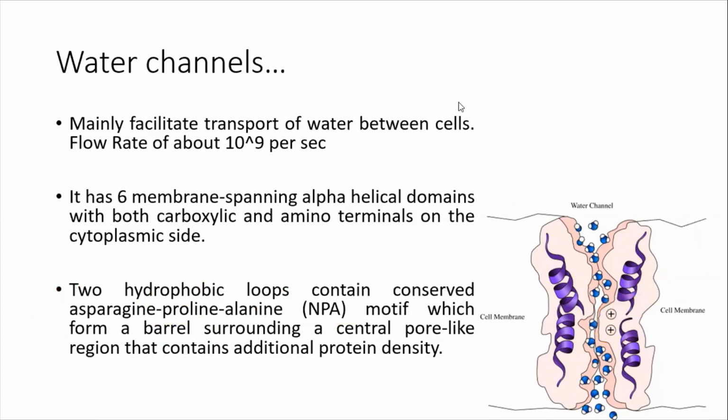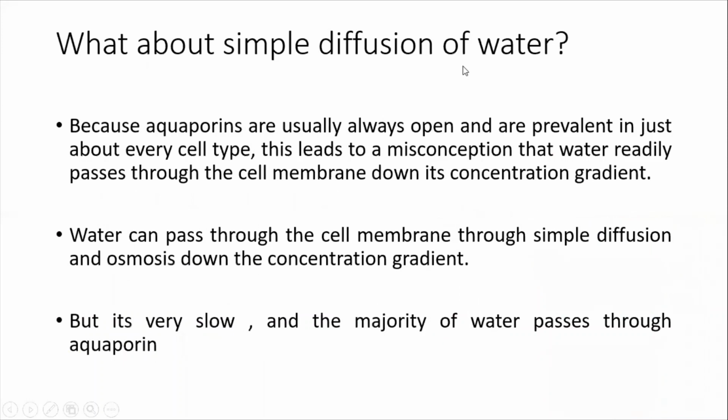Now, if you ask me why we are talking about aquaporins when water is so small: in the first lecture on simple diffusion, we already said that water can pass through the membrane because of its small size, right? Because aquaporins are usually always open and prevalent in just about every cell type, it leads to the misconception that water readily can pass through the cell membrane down its concentration gradient.